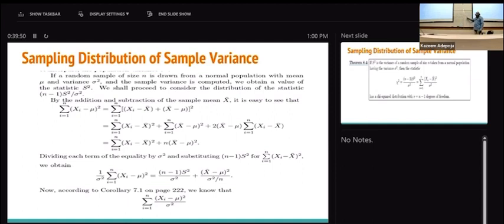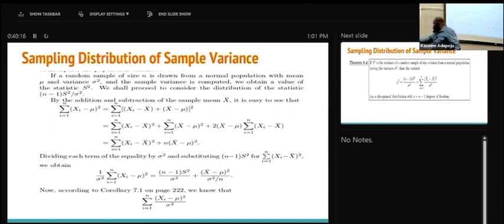Anywhere I see this guy, I want to put this guy. Right here. So I can rewrite this as 1 over sigma squared, summation (xi minus mu) all squared, I start from 1 to n, equal.